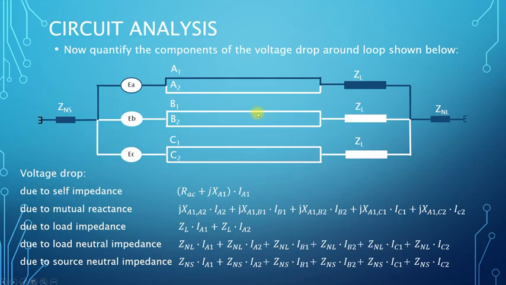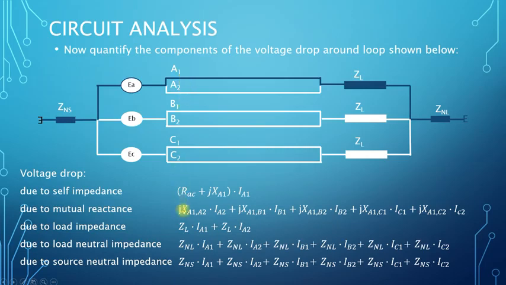Of course, there will be currents flowing in every other conductor. There will be different mutual reactances between A1 and these other conductors. And these mutual reactances and the other currents will all cause a voltage drop in A1.